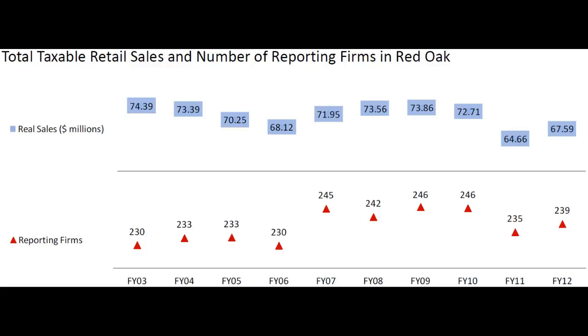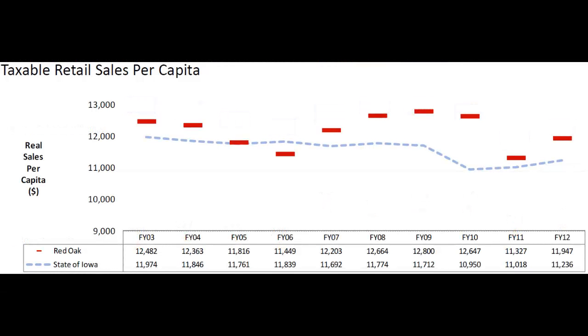In the reporting firms, in 2010 we see 246 reporting firms dropping down to 235, and then an increase to 239.